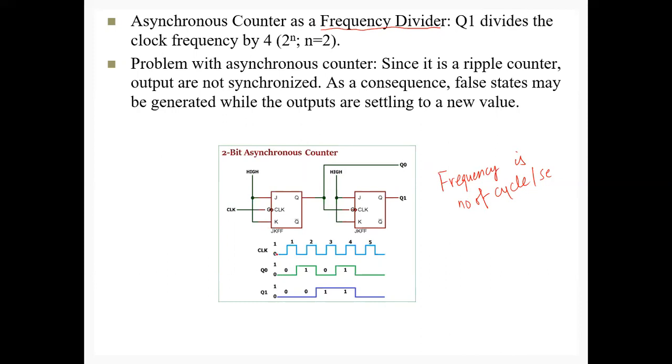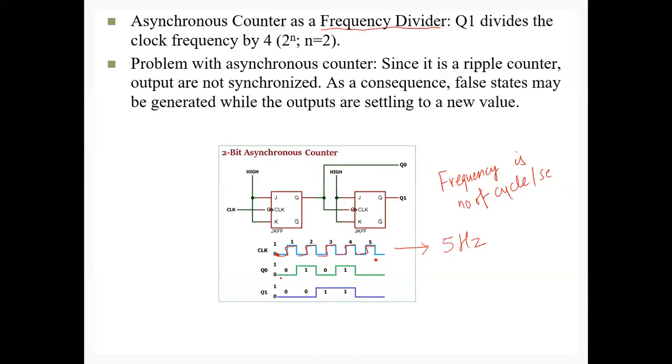So let's say this is the 1 second period, okay? We get this many signals in 1 second. In 1 second, how many signals do you get? 1, 2, 3, 4, 5. Let's call it 5, 1 second up to here. So what is the frequency of this guy? 5 hertz.